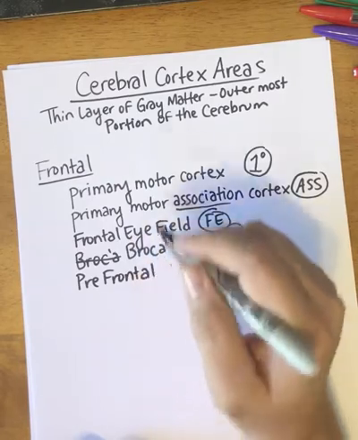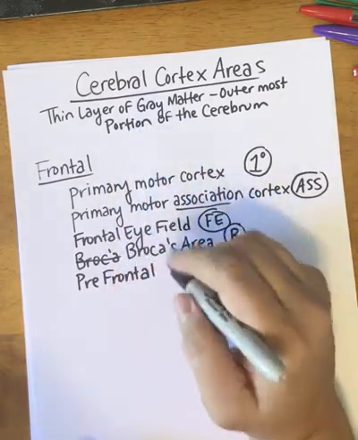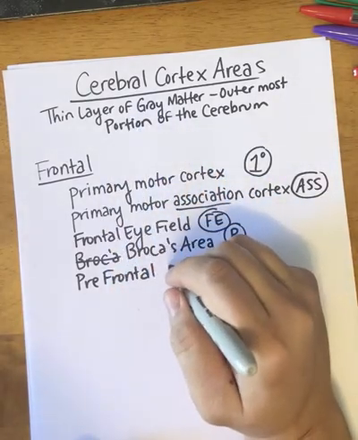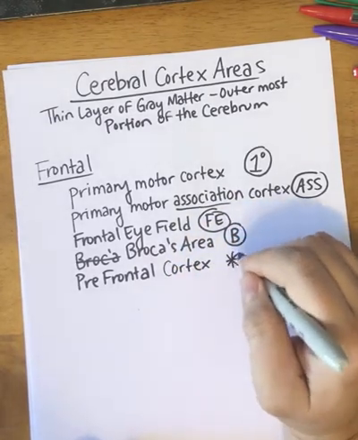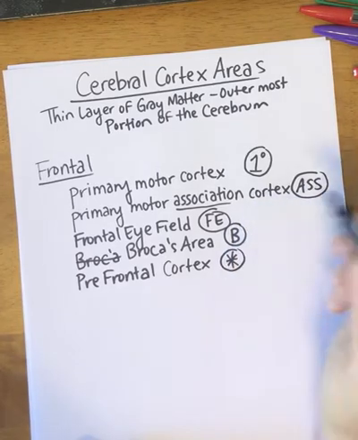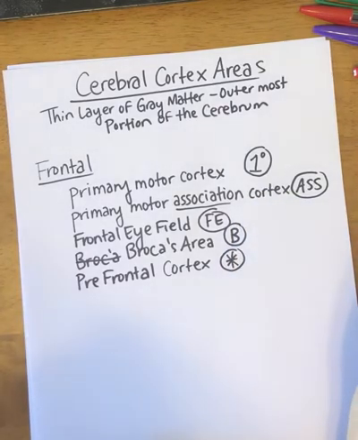These are all cortexes located in the frontal lobe, and I'm going to put a star by it. I'll write out their functions on a picture, but these are the cerebral cortex areas. You need to know where they're located on the brain.